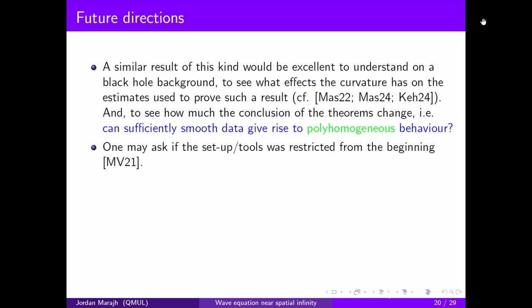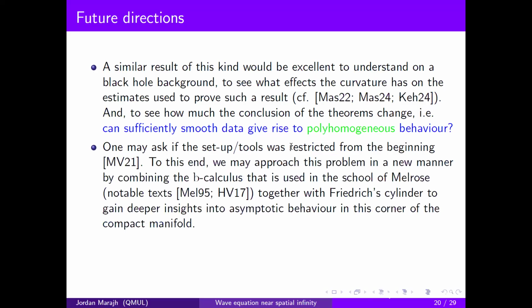But then you can also ask what the setup of the tools restricted from the beginning. Here is a nice paper of Mariam saying that if you compare different geometric blocks, maybe it doesn't matter so much. But then I think the analytic tools could be changed. And that's precisely what Juan and I are working on with Edgar.